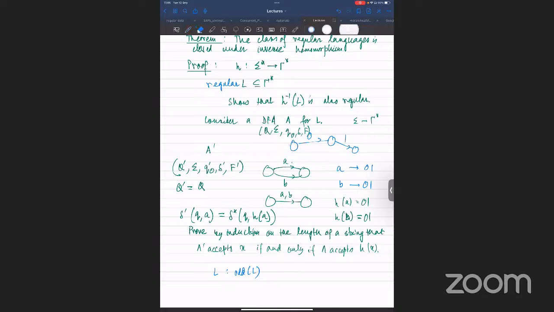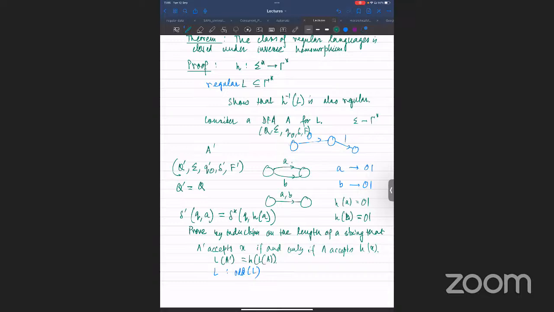And then once we have this, from this previous statement, what we would get is that L of A prime is the same as h of L of A. Correct? Right?